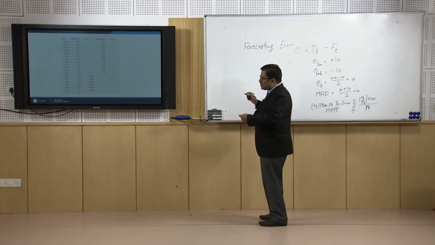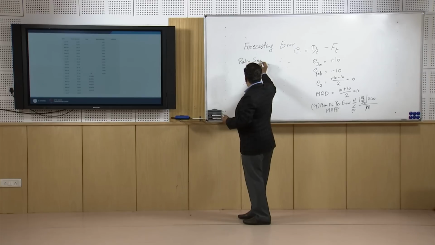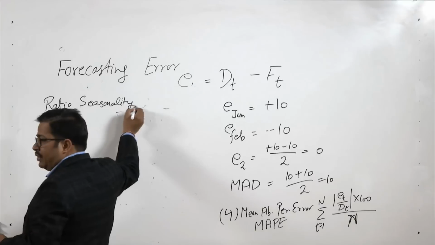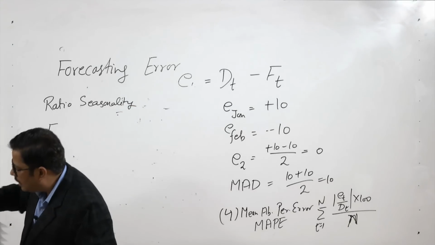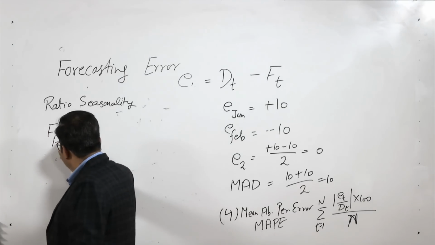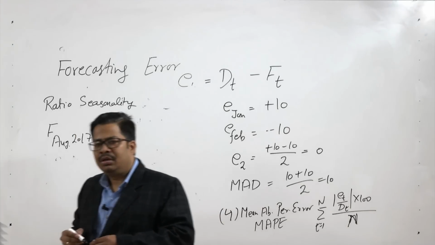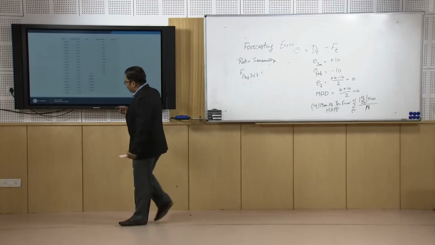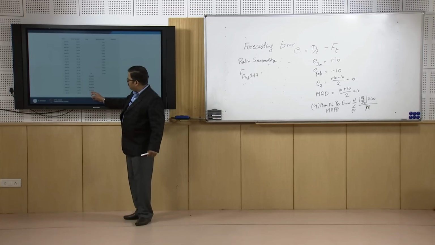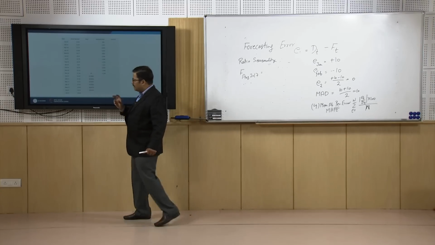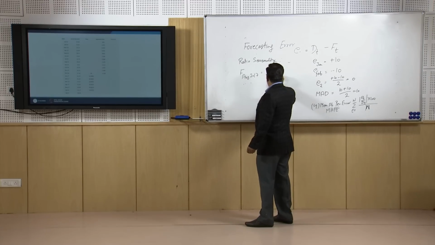In case of a ratio seasonality model, when I want to calculate the forecast for August 2017, I will use the most recent base. The most recent base is of July 2017.